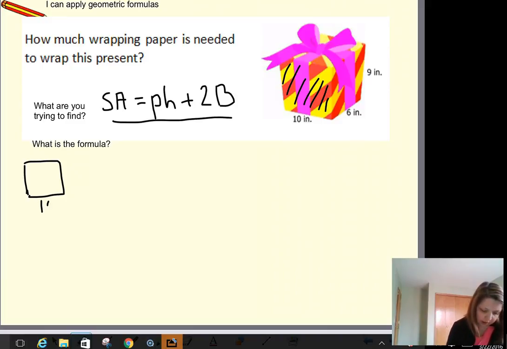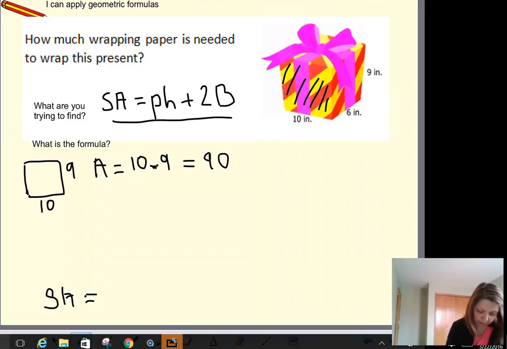We have 10 inches here for the base, and it shows that the height is 9 inches. So the area of this shape is just 10 times 9. We'll multiply those two. That's 90. Now the surface area for the whole shape will be 2 times 90, because we have front and back. They will be the same area.